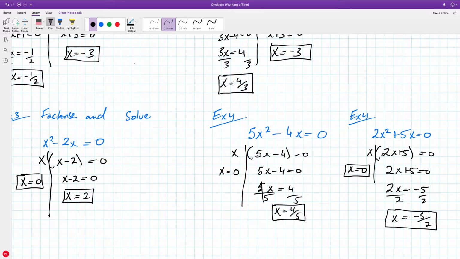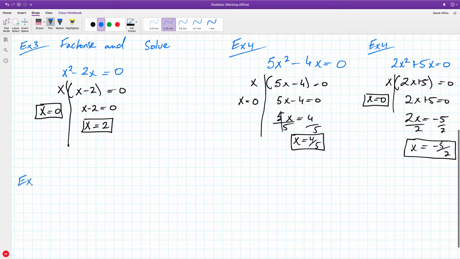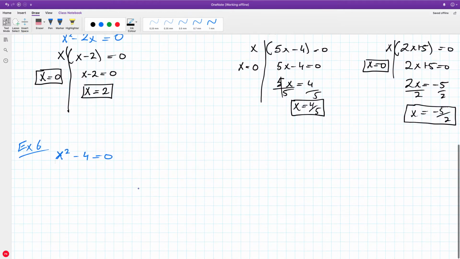Right, the last type of factorizing. Anyone remember this one? Factorize and solve x squared minus 4 is equal to 0.